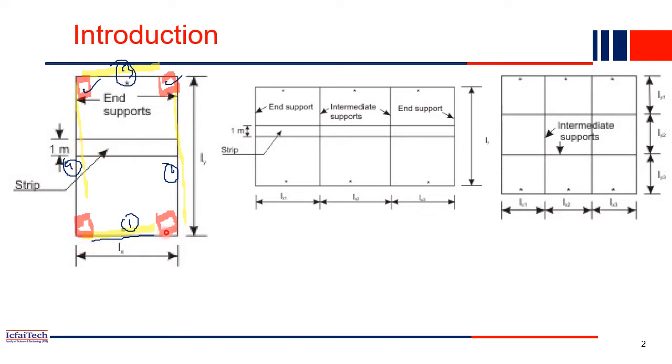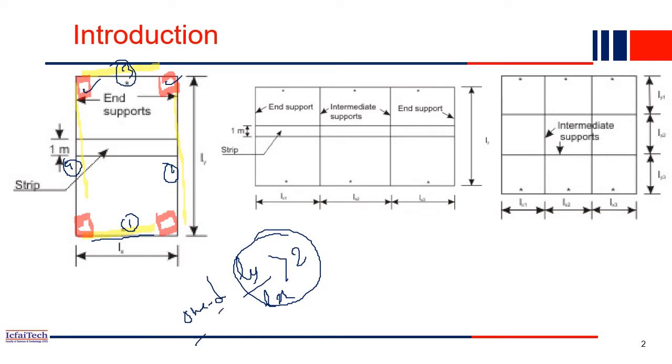One dimension is very small compared to the other dimension. In other terms, if Ly by Lx is greater than 2, then we call it a one-way slab.